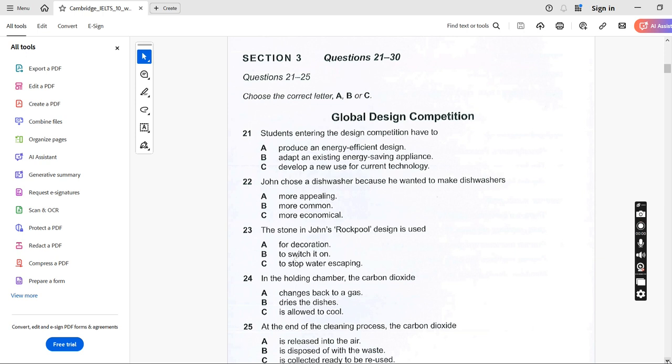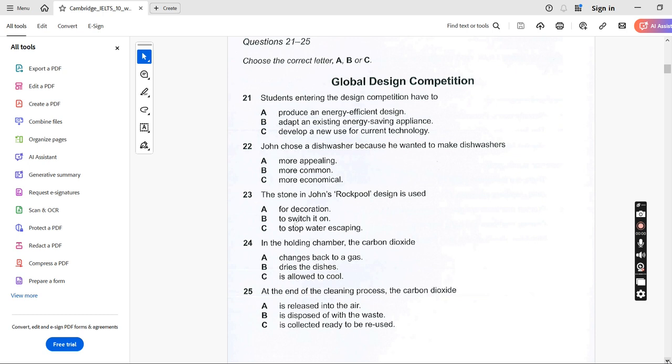Section 3. You will hear a student called John talking to a professor about a design competition he is entering. First, you have some time to look at questions 21 to 25.